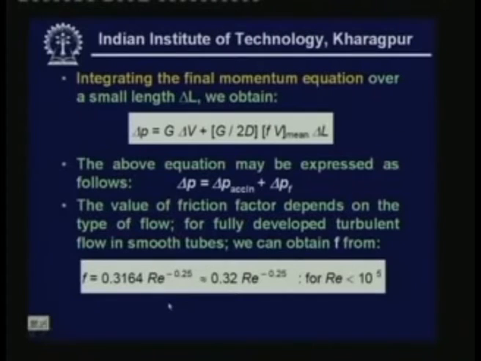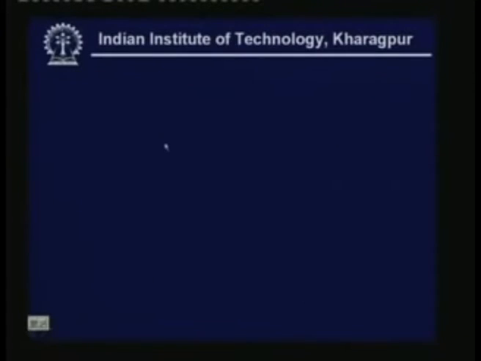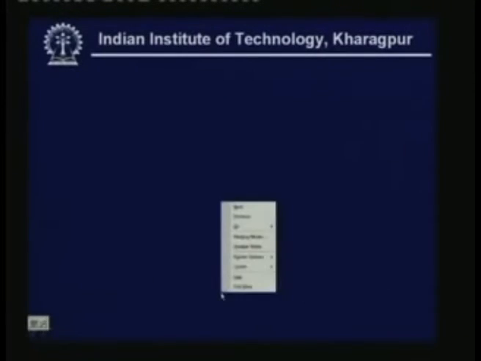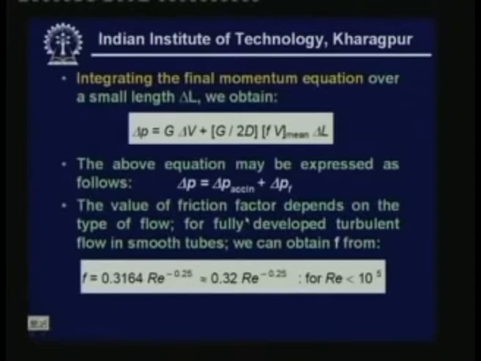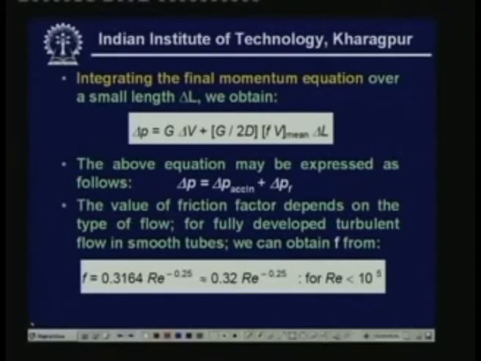So integrating the final momentum equation over a small length delta L, we obtain this equation: delta P is equal to G into delta v plus G square by 2D into f mean into delta L. This is the total pressure drop for the small element, this is the pressure drop due to acceleration, and this is the pressure drop due to friction.